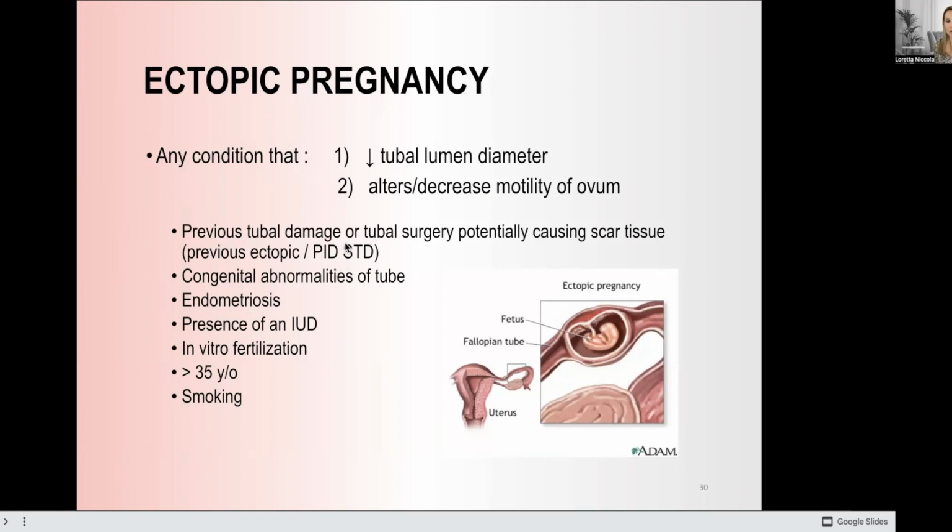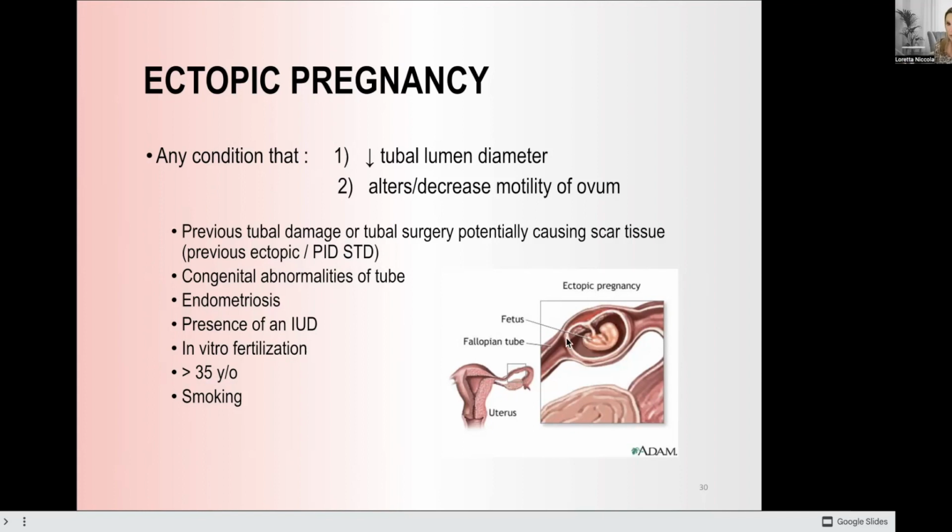Or an infection, pelvic inflammatory infection from an STD. Congenital abnormalities of the tube, endometriosis, presence of an IUD, in vitro fertilization, because sometimes they'll fertilize the ovum with sperm and then place it back into the tube, because it can then ensue a normal process that it typically would when there's a fertilized ovum in the tube.